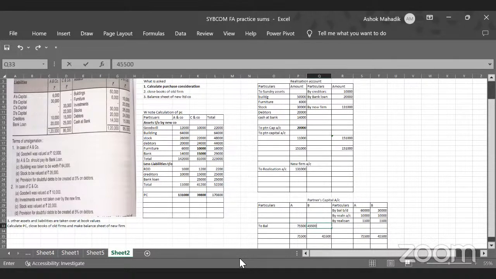That will be transferred to new firm account by A's capital 75,500 and by B's capital 45,500.